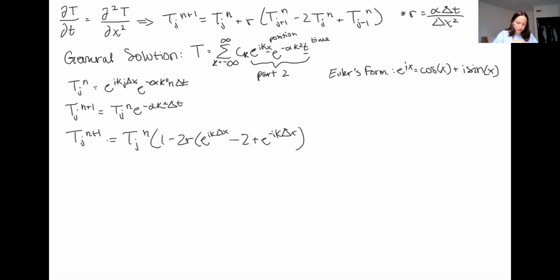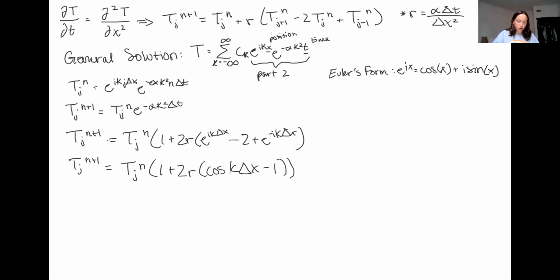So using this, we can simplify that inside part at least. So then it's going to be TJN still factored out, 1 plus 2R. Oh, this is a plus up here. Yeah. 1 plus 2R times cosine of k delta X minus 1.